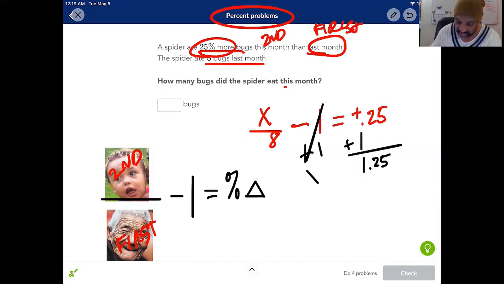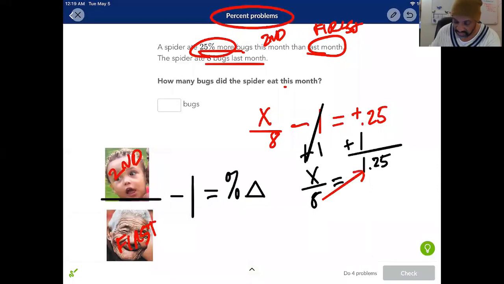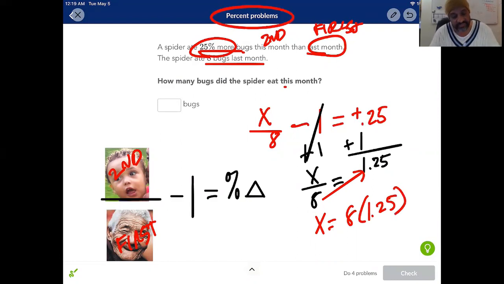And then on this side, we're going to have X over 8 equals 1.25. Now, all you have to do is cross multiply. So this is going to be X equals 8 times 1.25. If you do that, you will get 10. So this month we had 10 bugs, okay? That's it. We're using this formula.